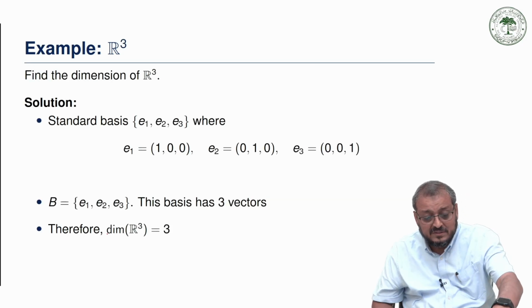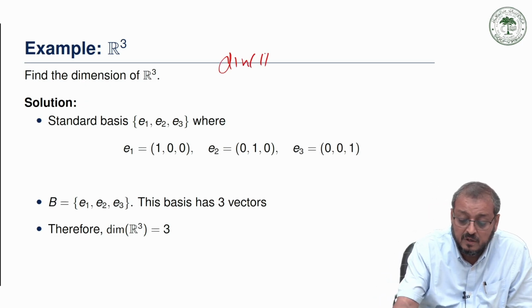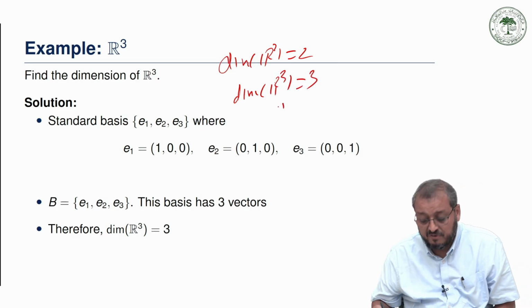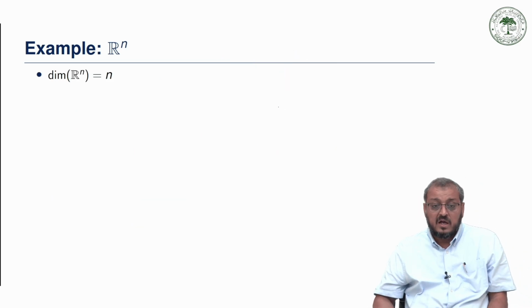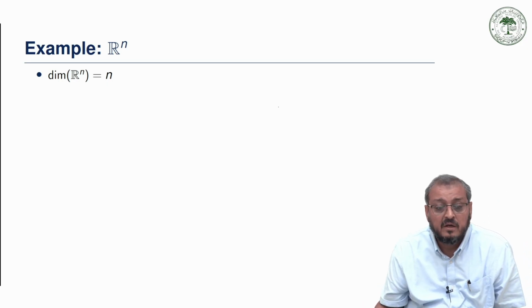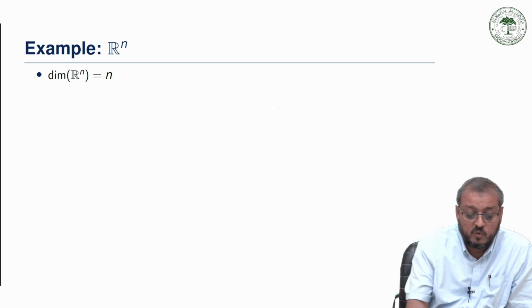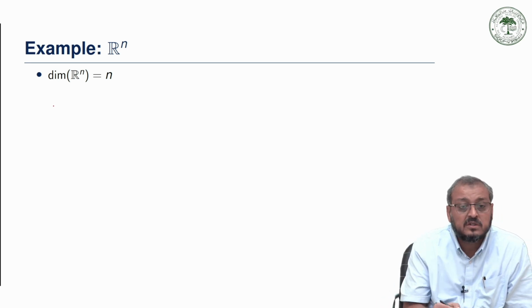We showed that the dimension of R2 is equal to 2, and that the dimension of R to the power 3 is equal to 3. In a similar fashion, in general, for the vector space V equal to R to the power n, the dimension of this vector space is equal to n. The solution is similar.